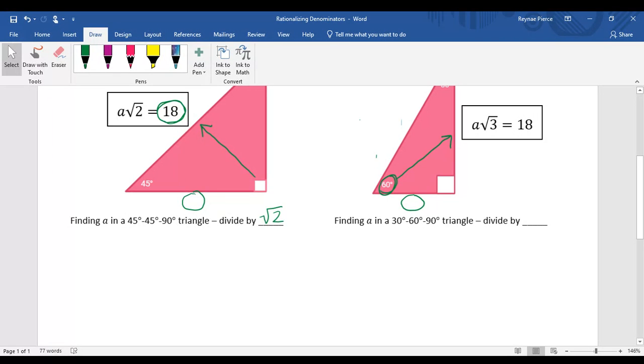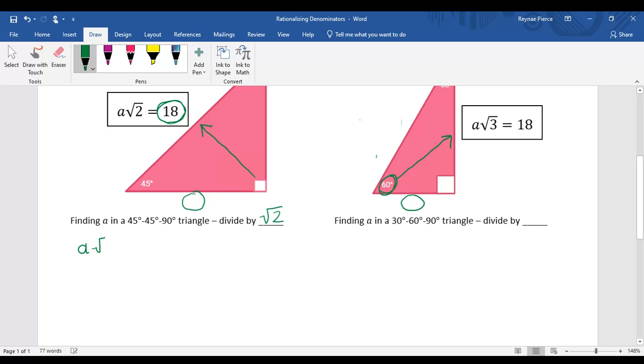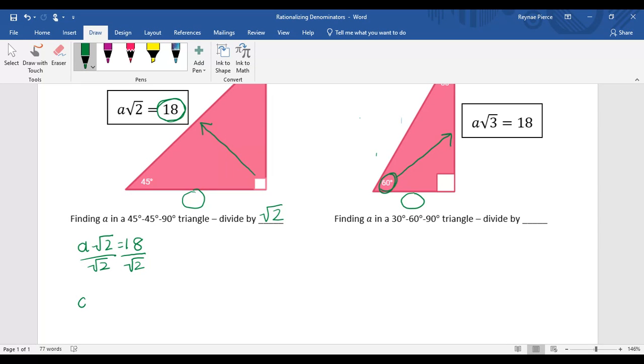Now again, dividing by a radical, we do not want to have that radical in the denominator. Right now, the length of both of those legs in this 45, 45, 90 triangle is 18 over the square root of 2.